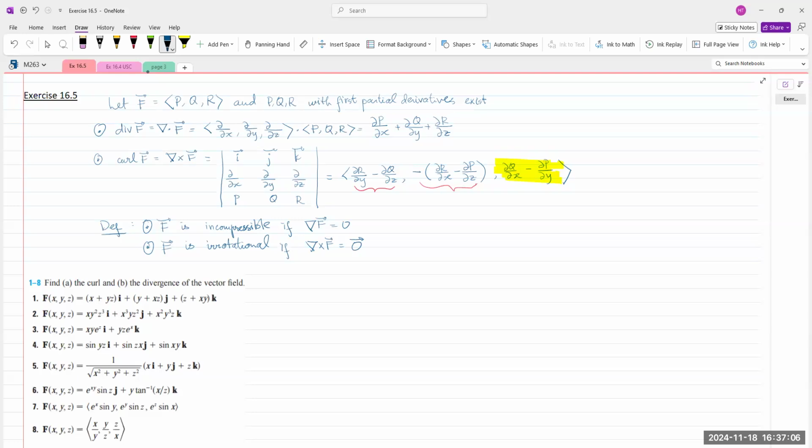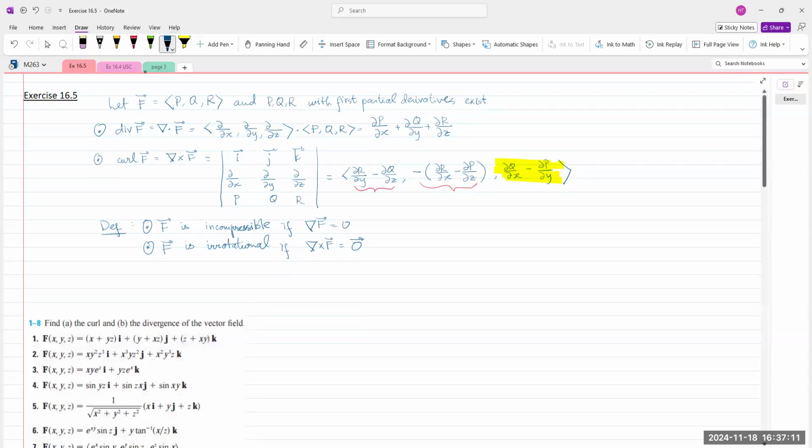What else to say? Another one is that the divergence of the curl of vector field F is equal to 0, and this is due to Clairaut's theorem. Of course, this requires the second partial derivatives to exist. Let me write that as a note.